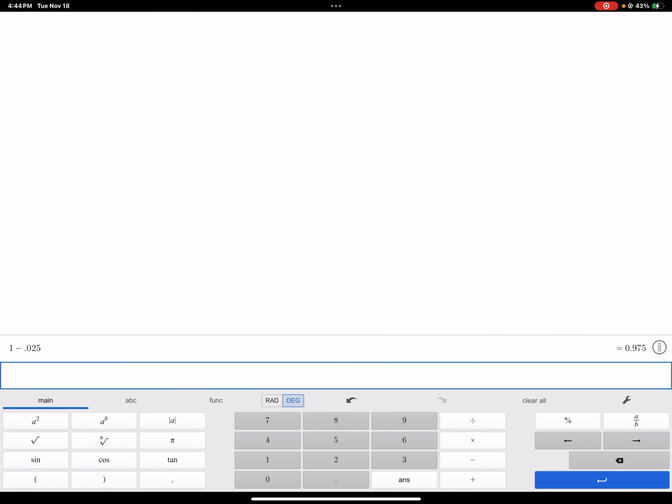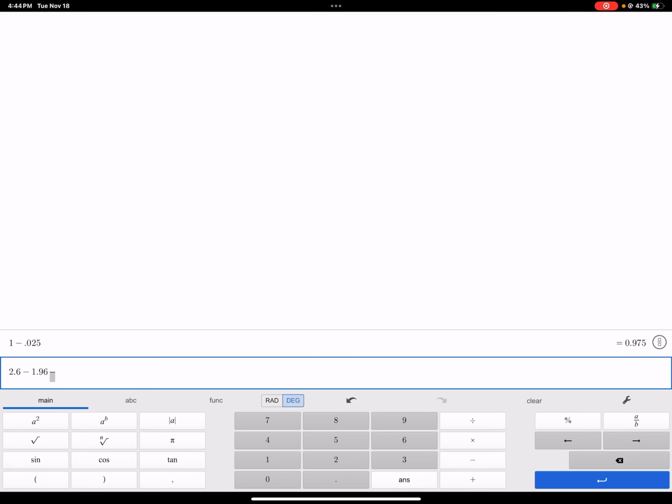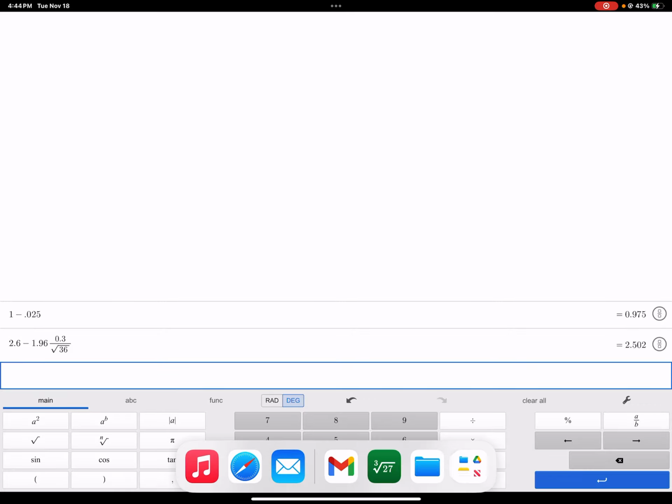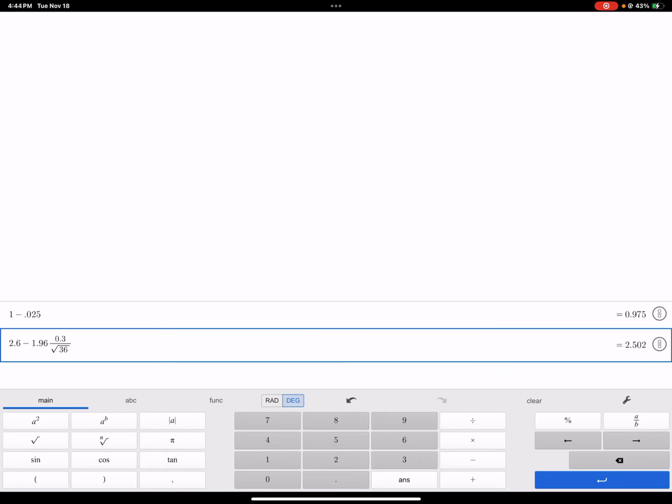So that would be 2.6. I'll do minus first. Minus 1.96 multiplied by 0.3 over the square root of 36. Okay, so our lower endpoint is 2.502. And let's do that same thing with the plus. 2.698.